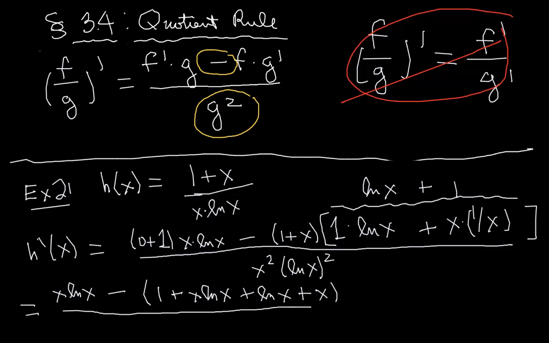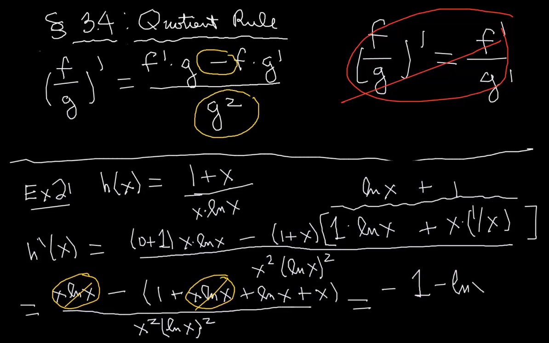And I still have on the bottom x ln x, that whole thing squared. You'll notice that when we distribute this minus sign, the x ln x terms will go away. So what we're left with is negative 1 minus ln x minus x, all over x ln x squared. Okay, so that's the final answer.